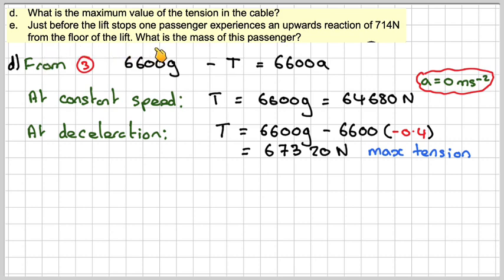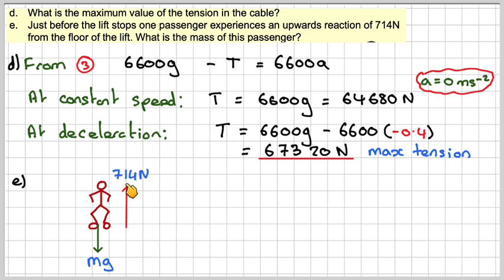E. Just before the lift stops, one passenger experiences an upward reaction of 714 newtons from the floor of the lift. What is the mass of the passenger? Okay, so if we draw a diagram of that one passenger, its weight mg is acting downwards. It will have a reaction with the lift of 714 newtons, and the acceleration just as it gets to the ground will be −0.4 meters per second squared.